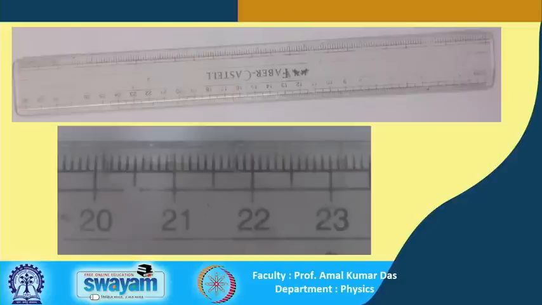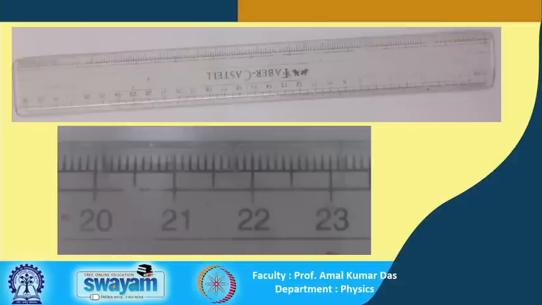You can even divide the 1 millimeter into 10 divisions. Then you can guess, okay, it is 0.02, 0.05, okay, 0.07. That type of guess you can do, but it is not accurate, it is the doubtful digit.